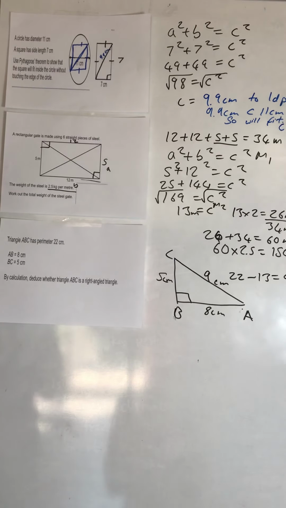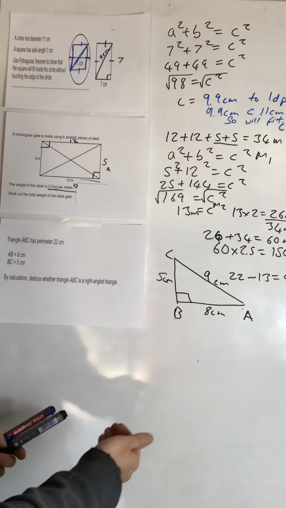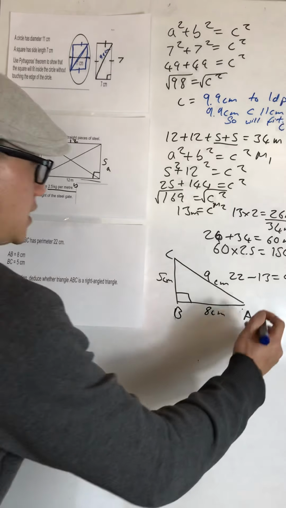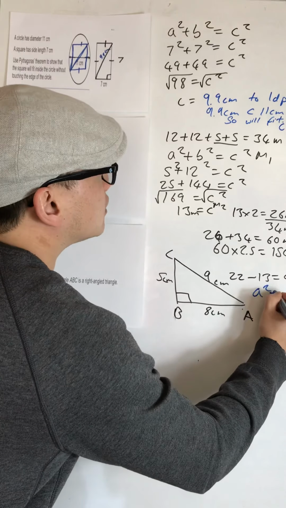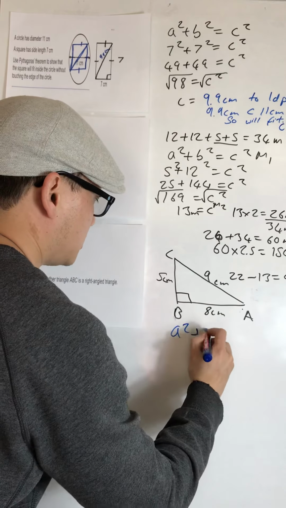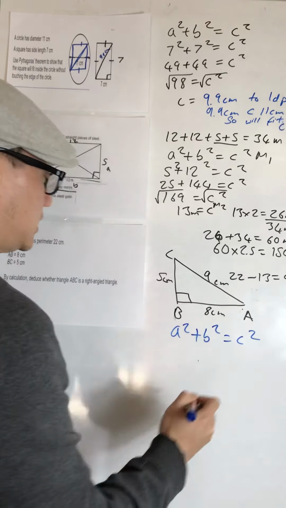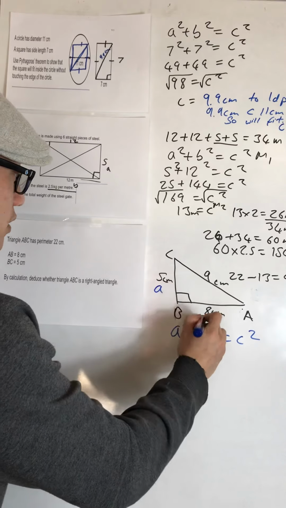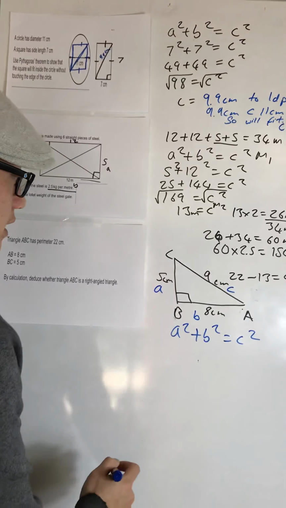If that's the case, deduce whether it's a right angled triangle. Well, it's a right angled triangle if trigonometry or Pythagoras' Theorem work on it, because it only works for right angled triangles. So that means we need to prove that a squared plus b squared equals c squared. Doesn't matter what you call a and b, but c is the longest side.